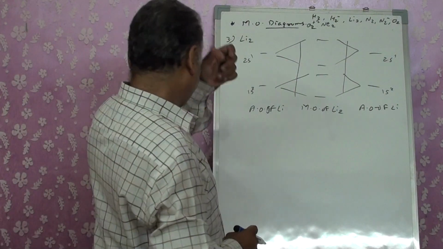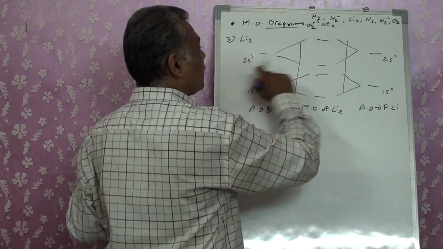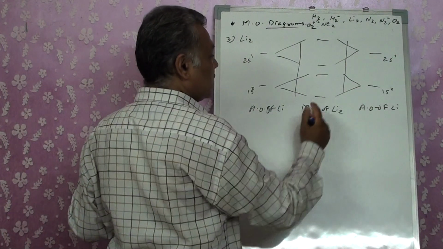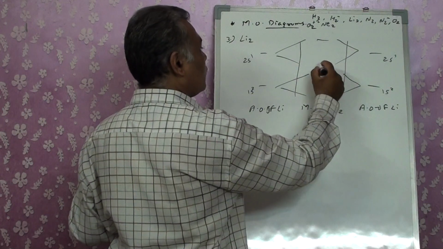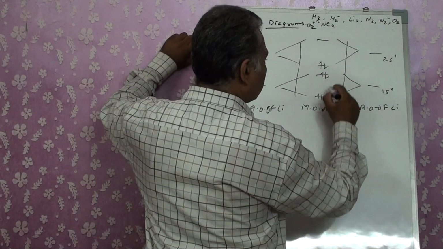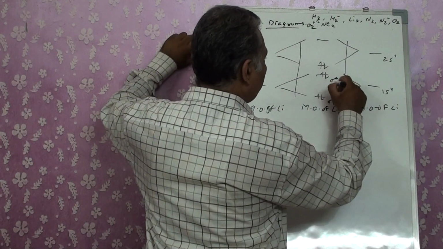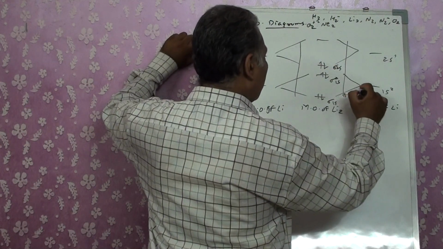1s2, 2s1. So in total how many electrons? 2, 3, 4, 5, 6. 6 electrons. This was sigma 1s. This was sigma star 1s. This was sigma 2s. This is a bonding molecular orbital.